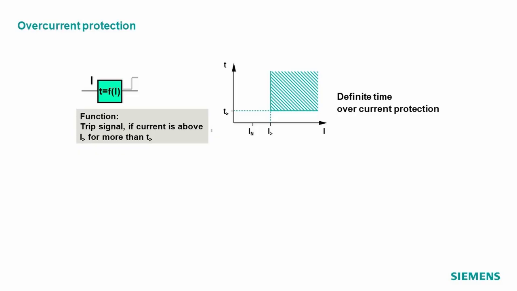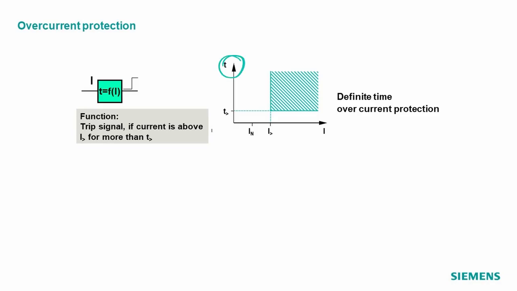And what you see here is a certain range of current from 0 to the setting value. This is the setting value. This is the load area. You see that would be the nominal current, maybe of our transformer or whatever. We have a certain security margin. And as long as the currents are somehow in this load area, the trip time is infinite.